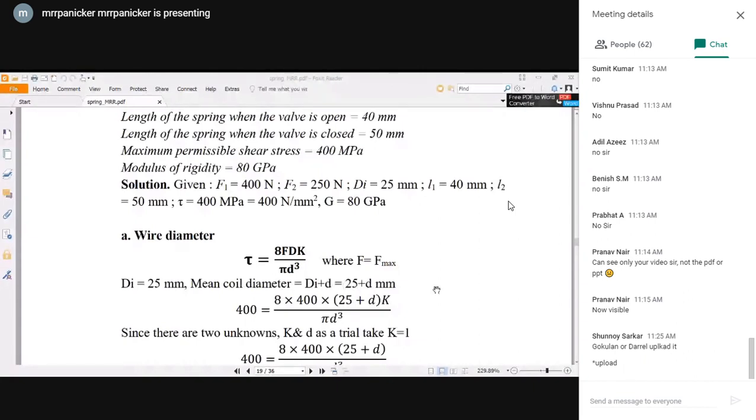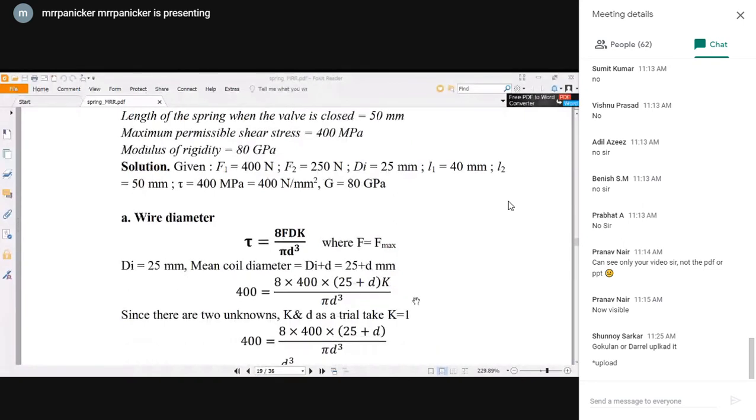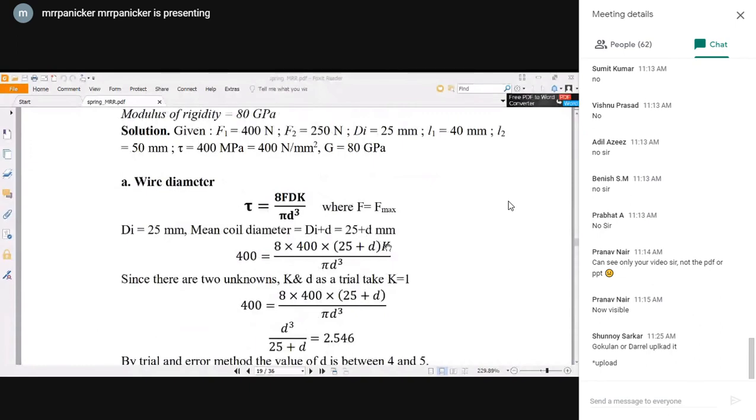And you can have an equation like this. So K is not there. K is a function of spring index, which is not given. Only the capital D is there, in the form 25 plus d.